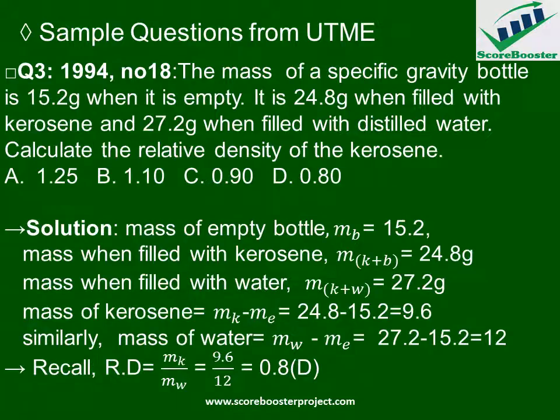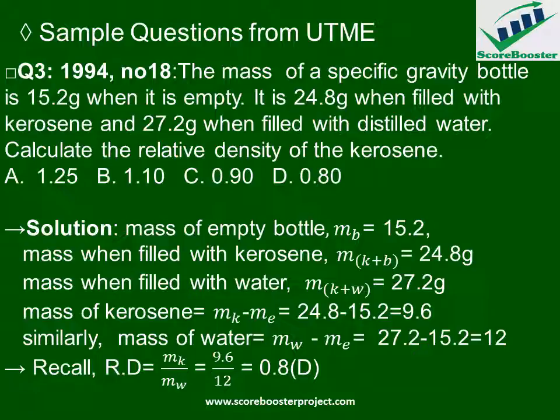Now the next question which I will be considering comes from 1994, number 18, and the question goes thus: the mass of a specific gravity bottle is 15.2 gram when it is empty.